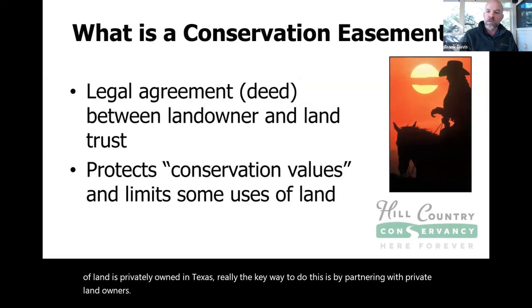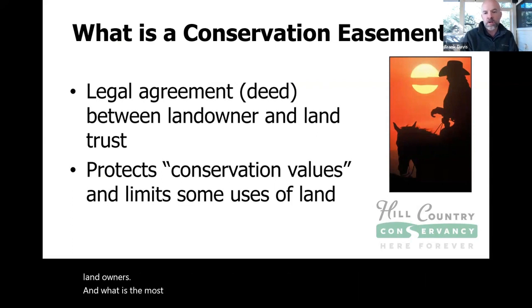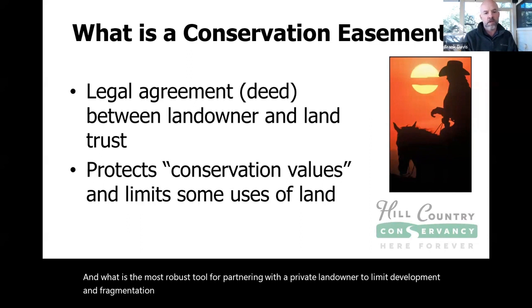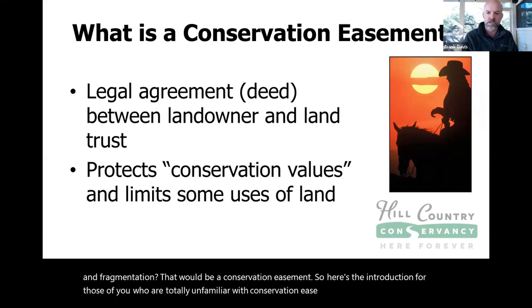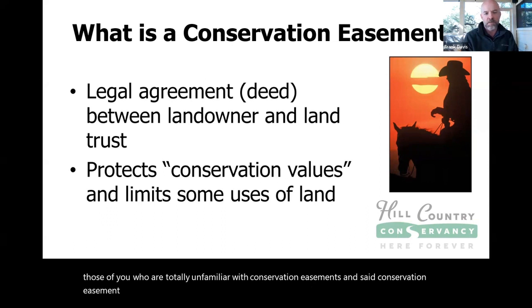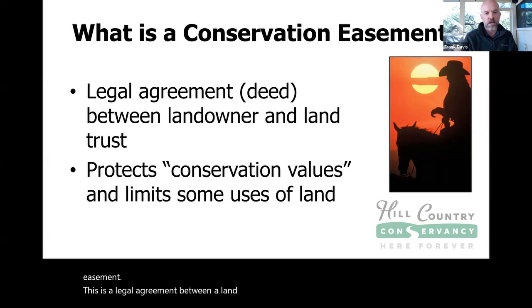And what is the most robust tool for partnering with a private landowner to limit development and fragmentation? That would be a conservation easement. So here's the introduction for those of you who are totally unfamiliar with conservation easements and said, conservation easement, huh? This is a legal agreement between a landowner and a land trust.